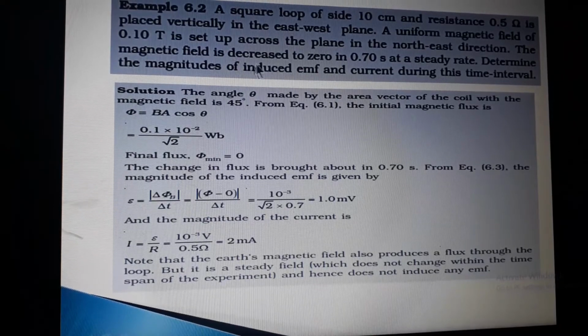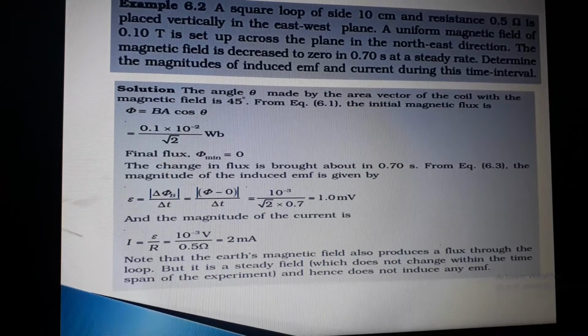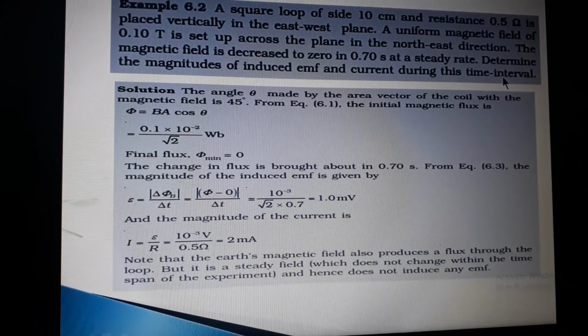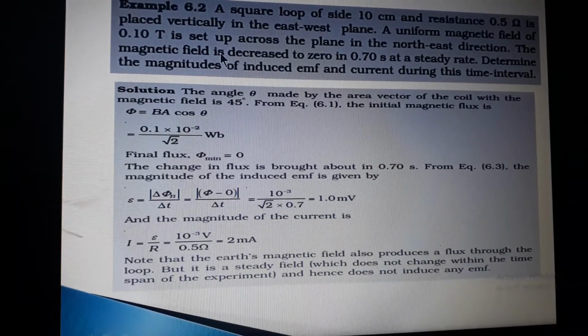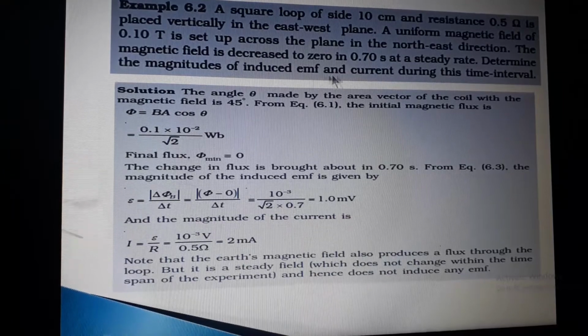Determine the magnitude of induced EMF, that is E, and calculate the current during this time interval. So you have to calculate the magnitude of induced EMF E, and the current I.